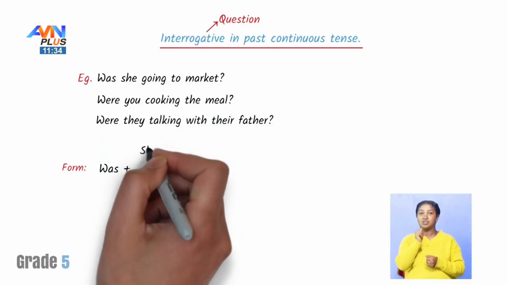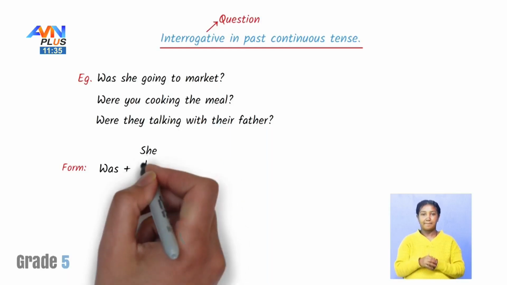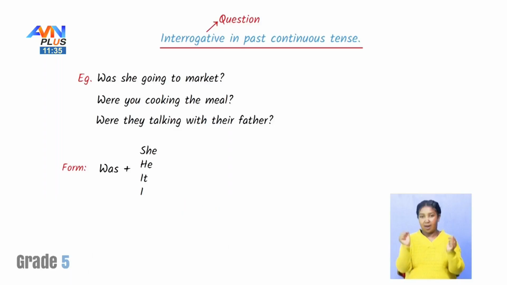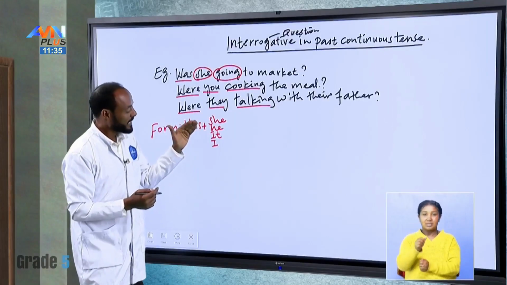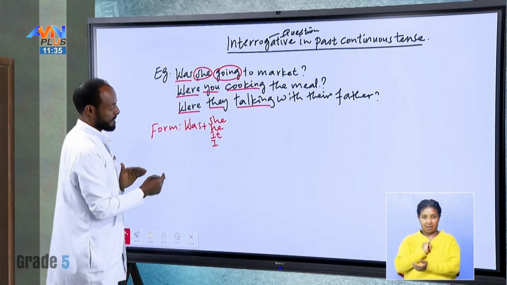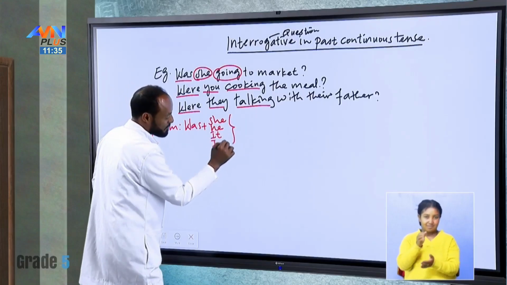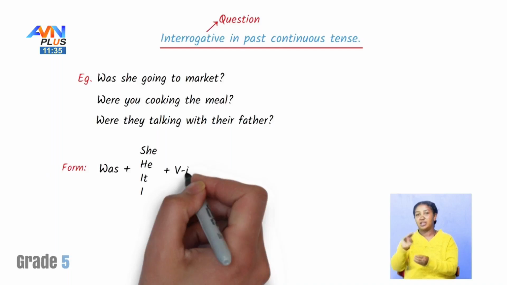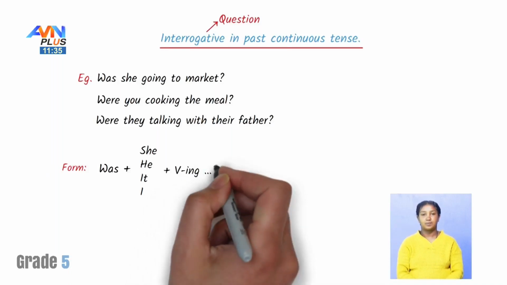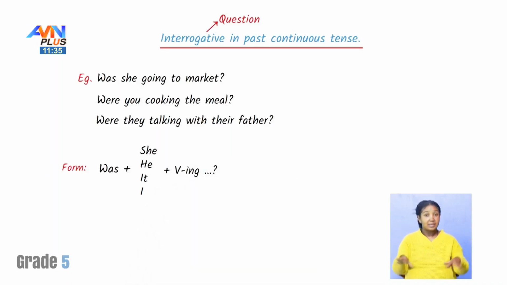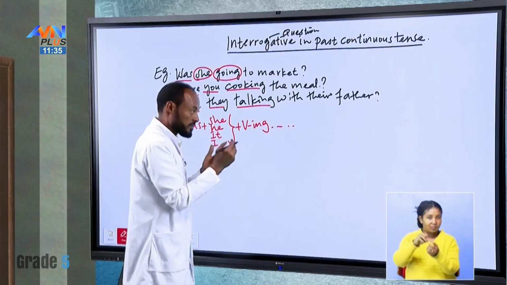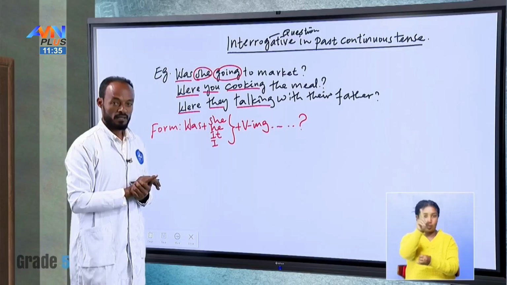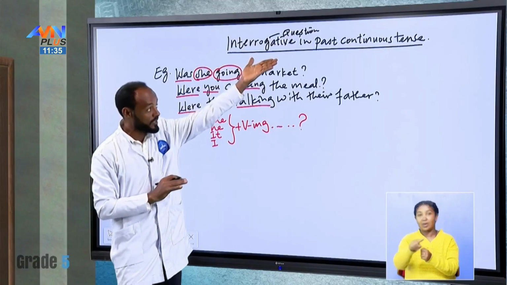She, he, I, it. So then, plus, yes please, verb ing. If necessary, you can add a complement or object. At the end of this sentence, there should be a question mark. Because this one is about asking a question, okay?